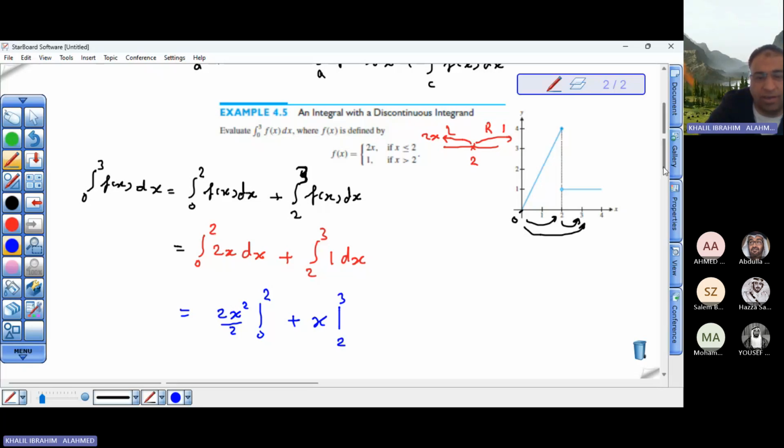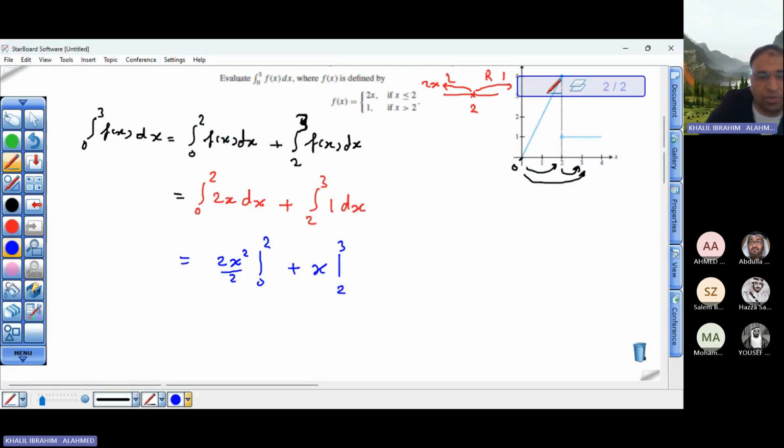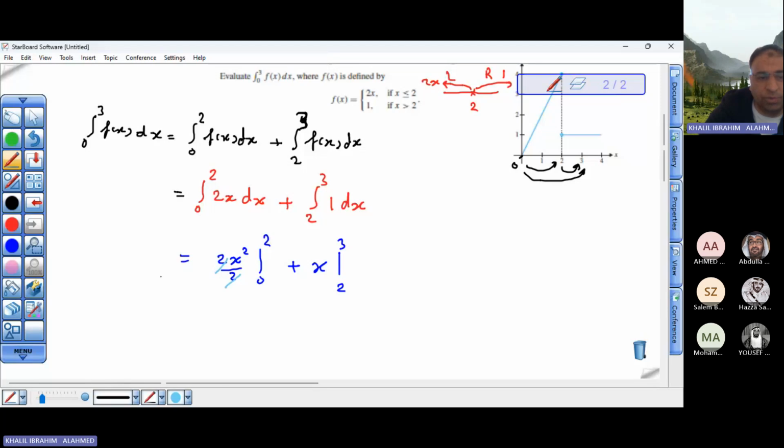The answer here, with the cancellation of 2 and 2, equals x squared from 0 to 2 plus x from 2 to 3.